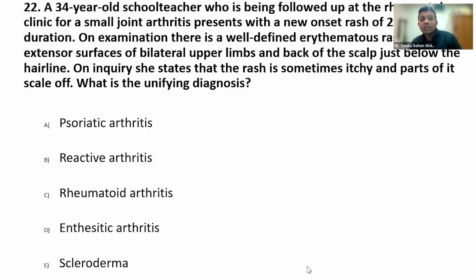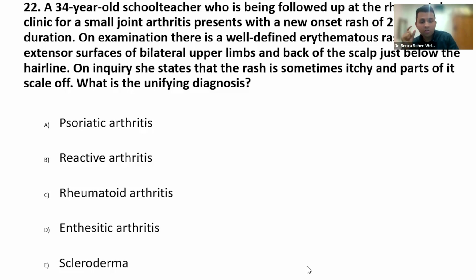So this rash that is present on the extensor surfaces as well as just below the hairline is quite classical of what we call chronic plaque psoriasis, for which there can be topical treatment options as well as systemic treatment options. So the rash just below the hairline we have to differentiate from another condition that can cause a rash like this, that is called seborrheic dermatitis, or what we commonly refer to as dandruff.